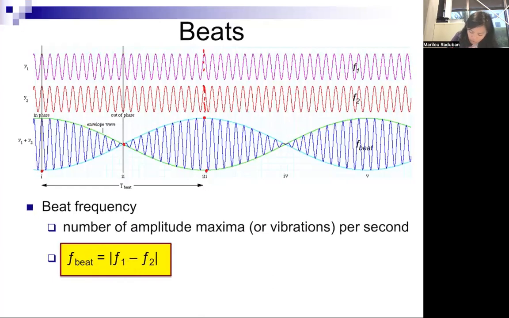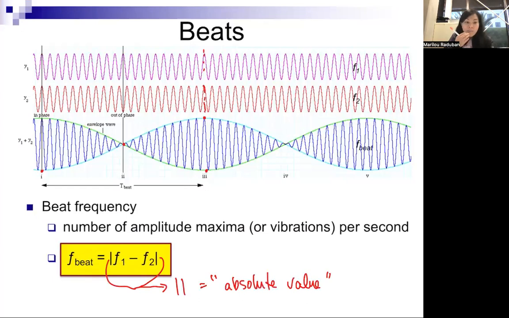Okay. You can see there's a bar here. So these two bars here mean absolute value. Absolute value means that the answer F1 minus F2 should always be positive, which means that it really doesn't matter whether you get a positive or a negative number.